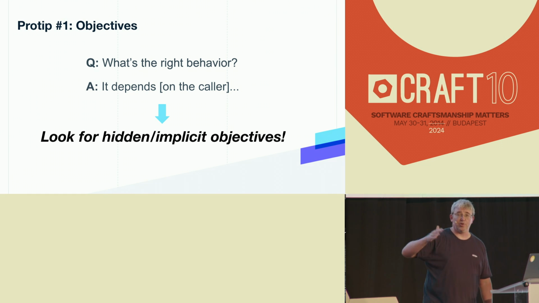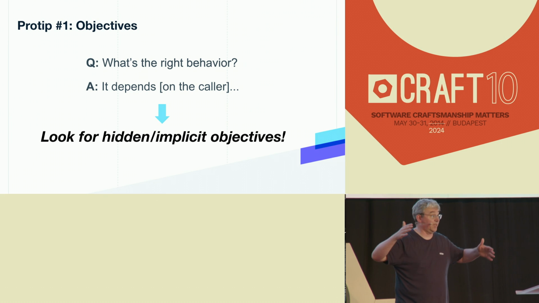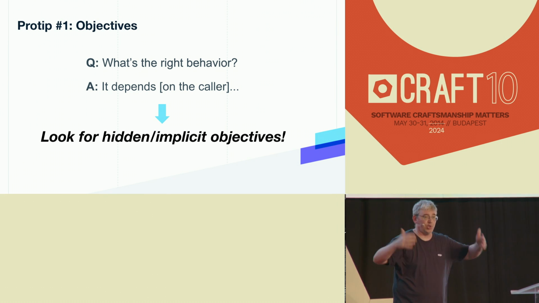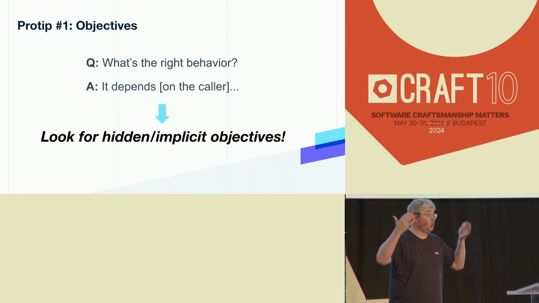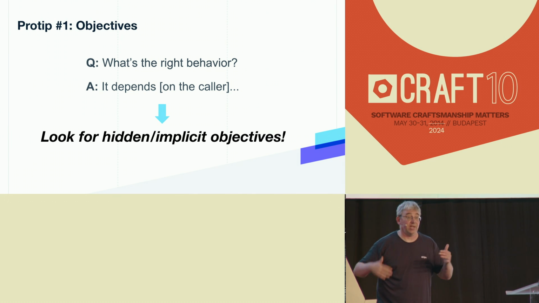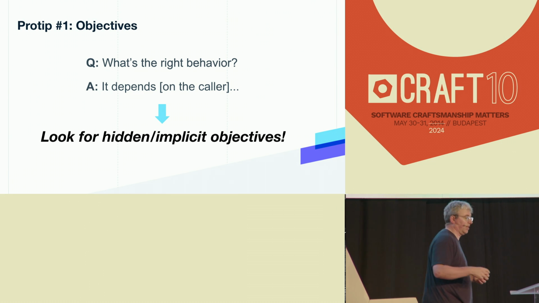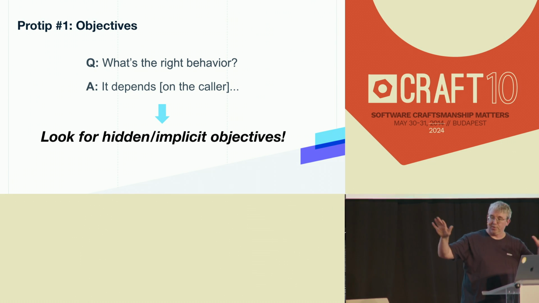Because if you don't know what the right thing to do is, because the client hasn't actually told you what they want, right? If they had told you enough about what they were trying to do, you would know what the right thing to do is, right? And so this may be a hint that you don't have fully transparent objectives. All right, so those are objectives.